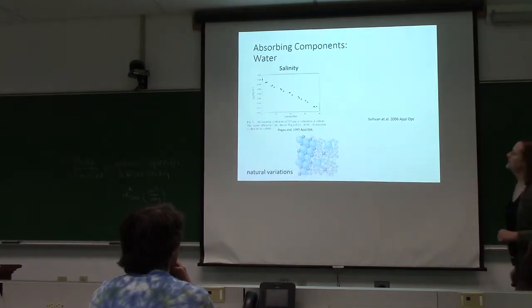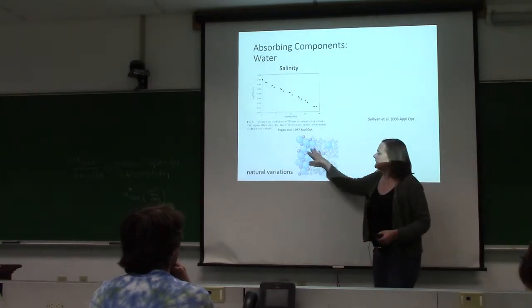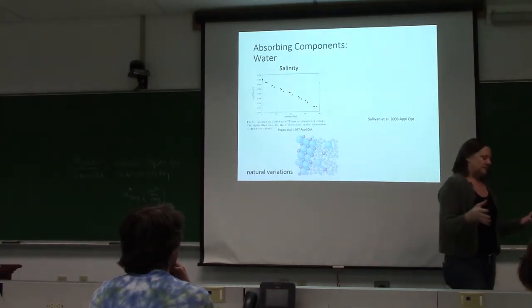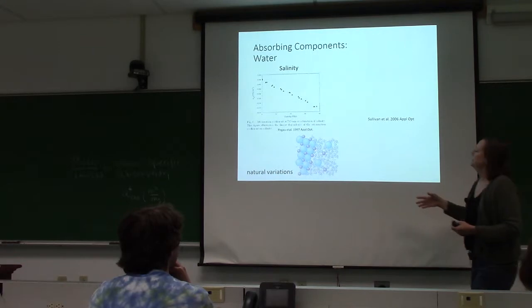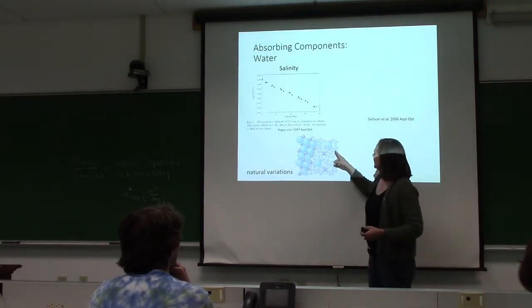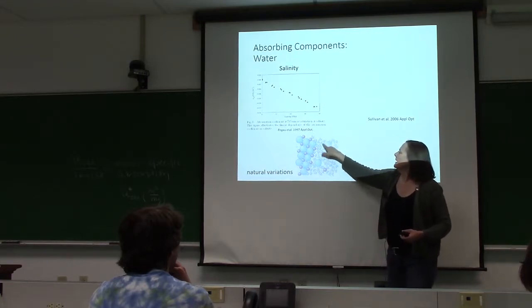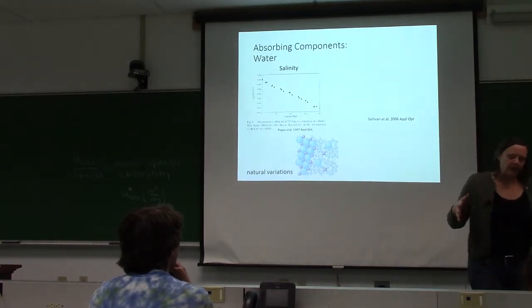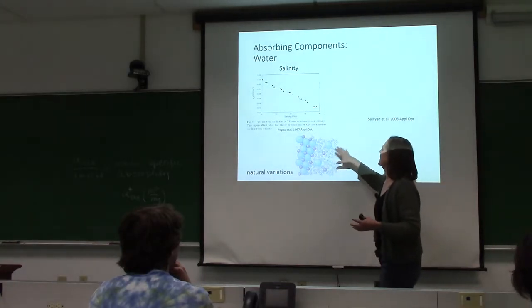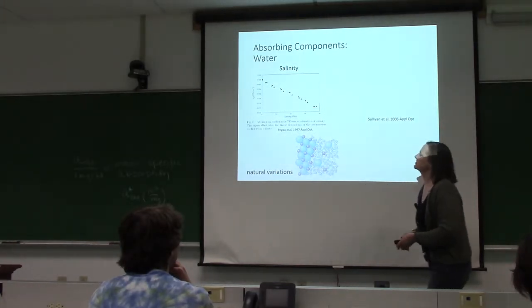Okay, similarly with salinity, when you add salt to water, it changes the structure, and you get the negative polar parts of water wrapping around the positive sodium ions, and you get the positive parts of the water molecule wrapping around the negative chloride. And so there's definitely changes in molecular structure.